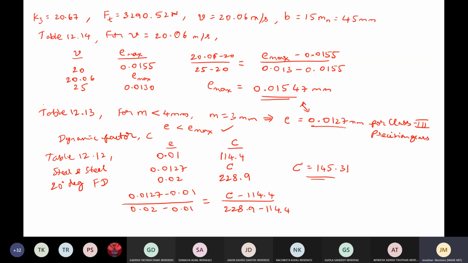We'll now substitute back in the equation. Fd should be equal to T plus K3V into CB cos square beta plus 50 into cos beta.